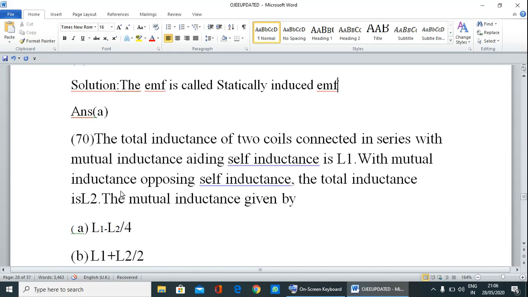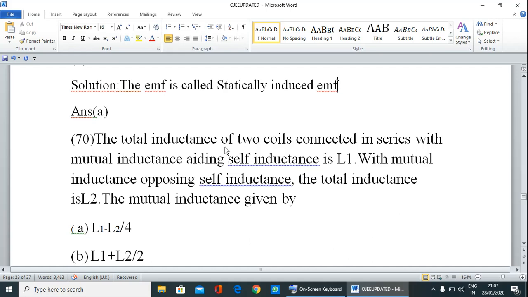So here, in case of two inductances connected in series, adding the L1, and with mutual inductance opposing self-inductance, that is L2. Sorry, this question is correct. There is no wrong in it.